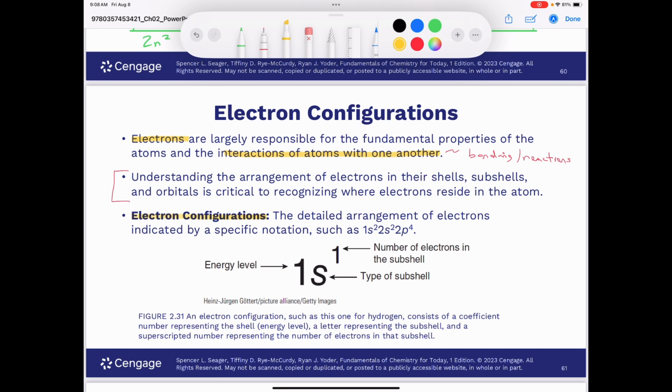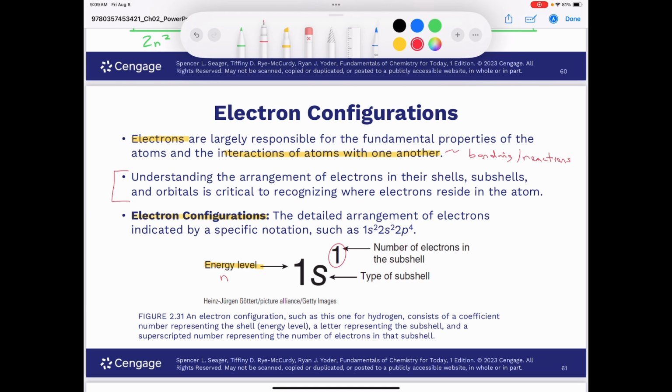What we're indicating with the number is the energy level, right? This is your n. Then we have the s, which is the type of subshell in this example. And it could be p or d or f, but again, we don't really cover those in this class. And then the superscript represents the number of electrons in the subshell.